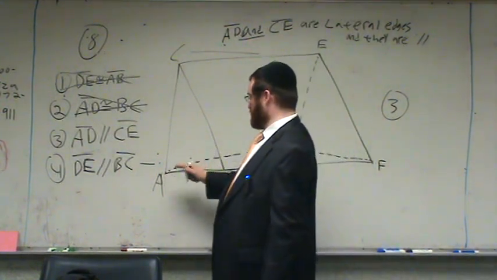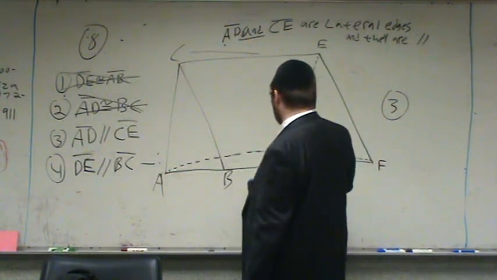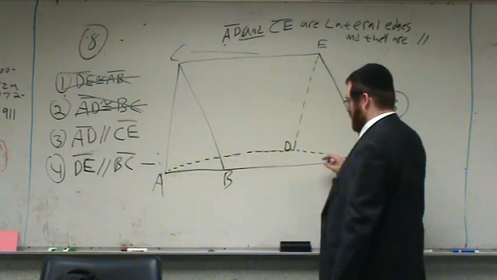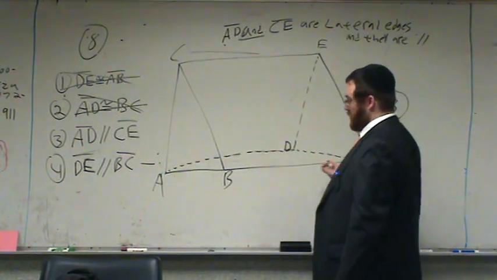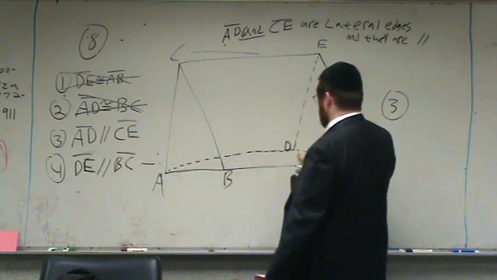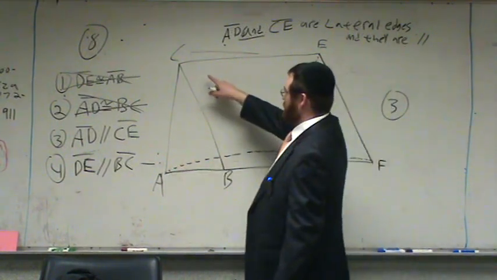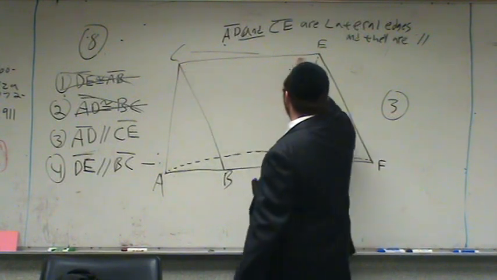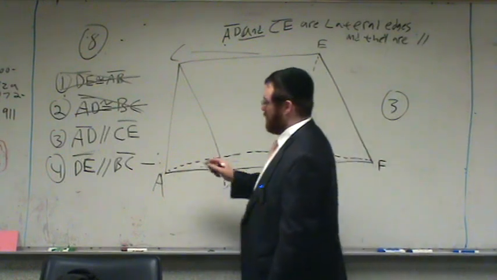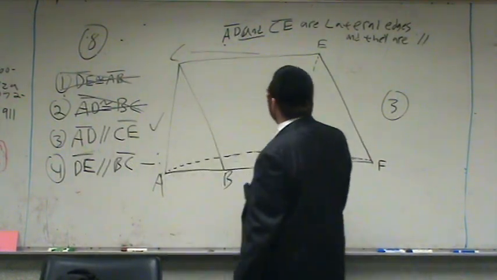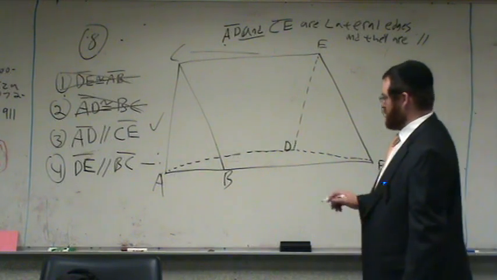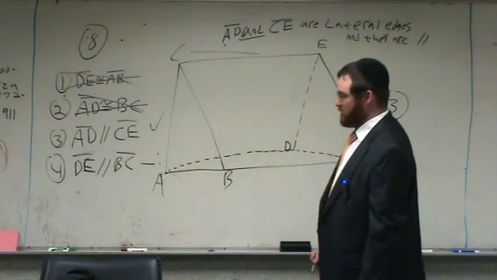of a rectangular prism. AD is a lateral edge. It's an edge, just like BC is an edge. AB is a line at the edge. And over here, AD is a line at the edge that's the same type of line as CE. So AD and CE are parallel. That is correct because lateral edges are parallel, because AD and CE are both lateral edges.